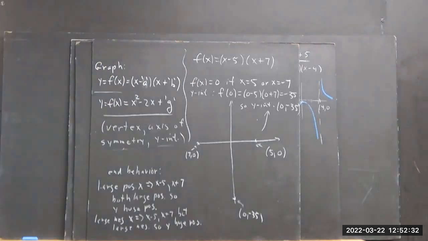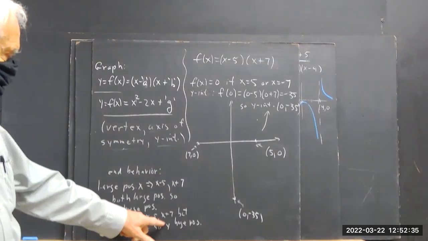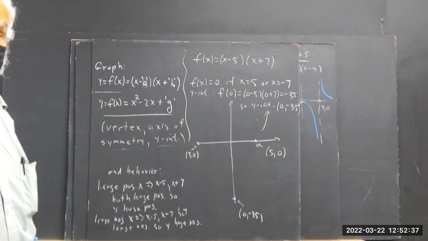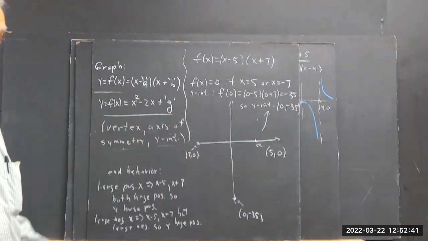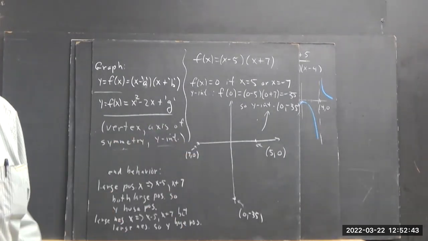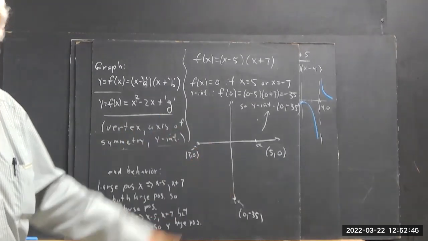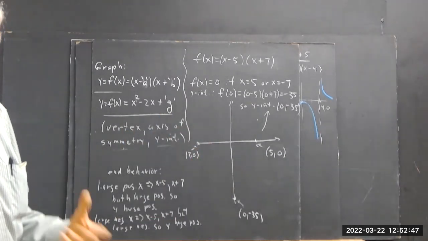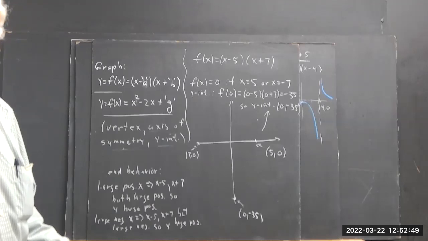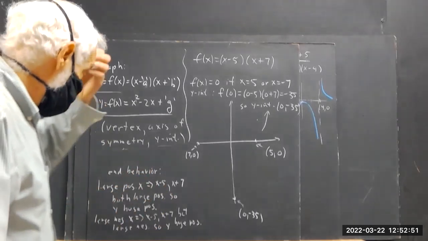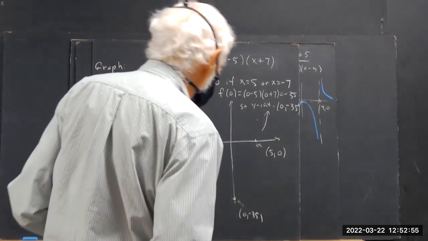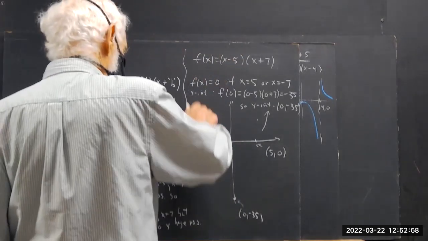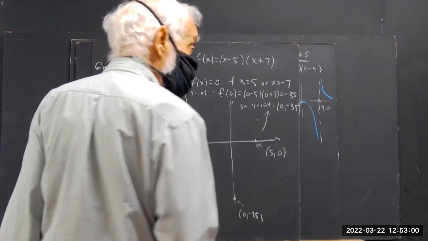On the other side, x minus 5 and x plus 7 are both large negative numbers, right? You multiply two negative numbers, you get a positive. You multiply two big numbers, you get a huge number. So you're going to go up really fast over here. You come down through here, and back up here.